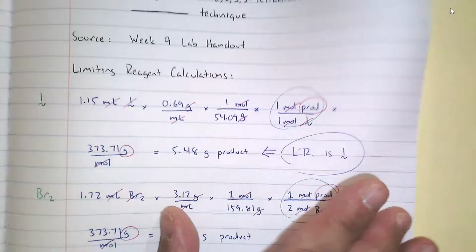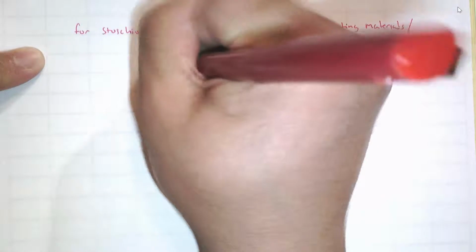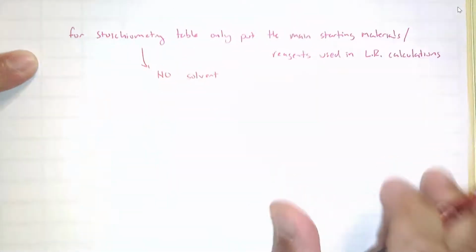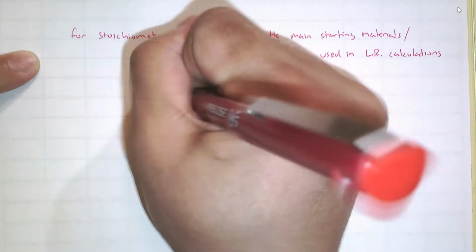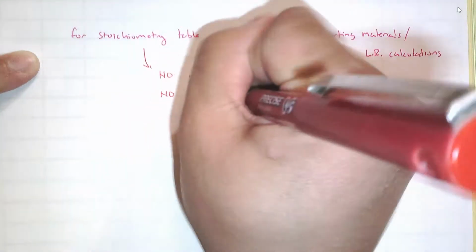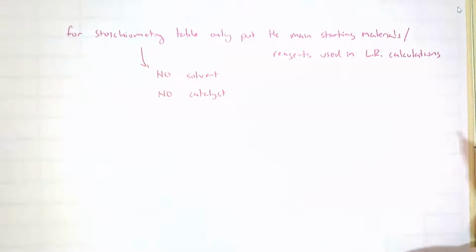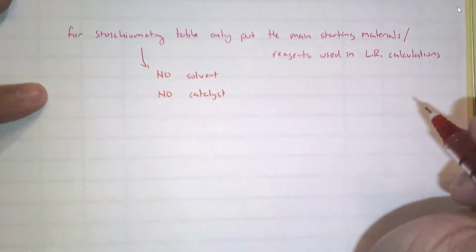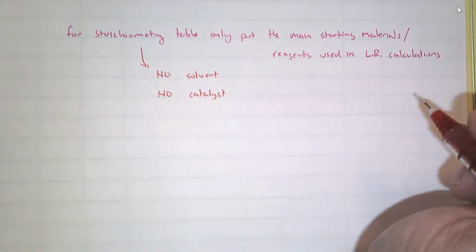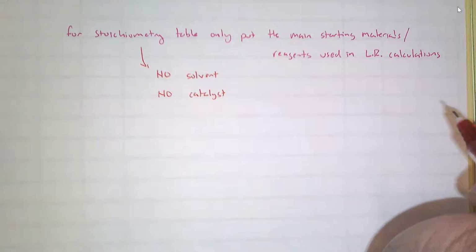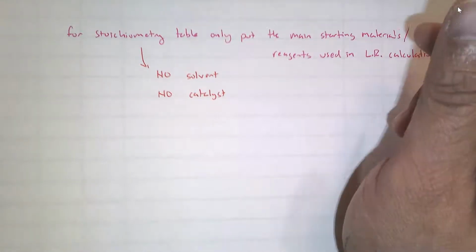All right, what does that mean? Typically, that means, well, not typically, no solvents. No solvent. No catalyst. A catalyst is not considered in the limiting reactant or limiting reagent calculations because a catalyst works when there's very little amount of it.